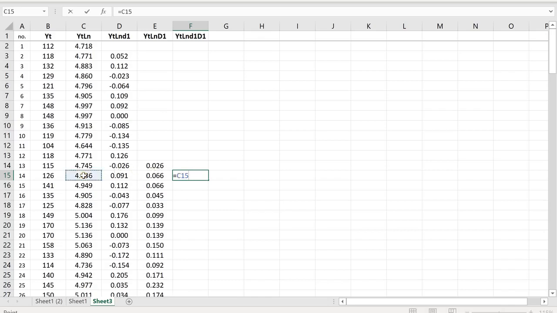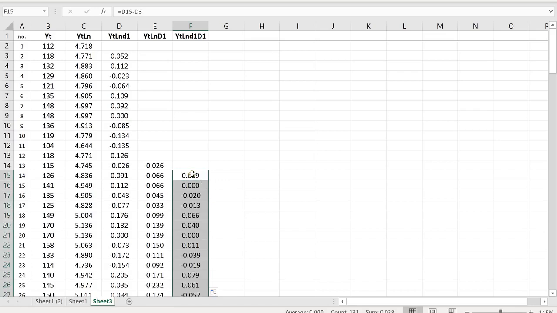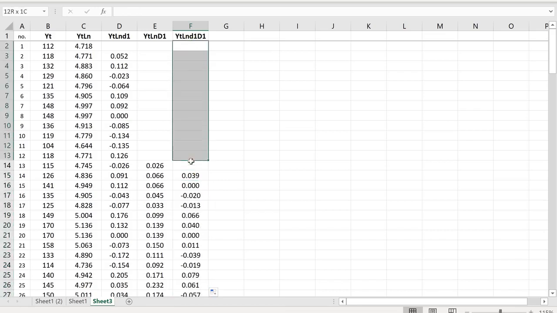So differenced one time, 14 minus 12 is 2. If we difference 2 times, meaning at the non-seasonal and seasonal lags, we will lose 13 data.